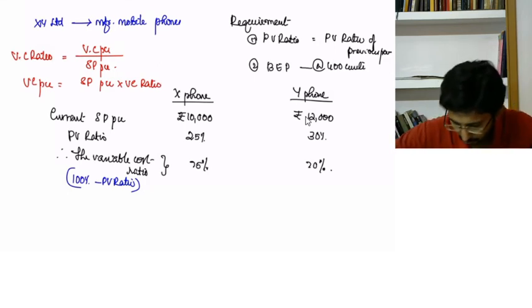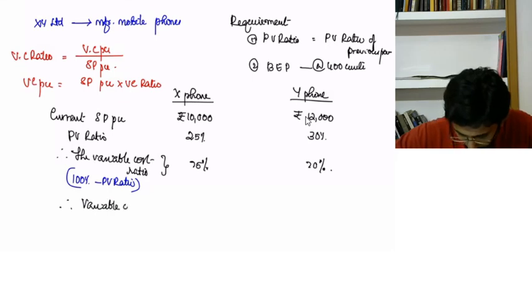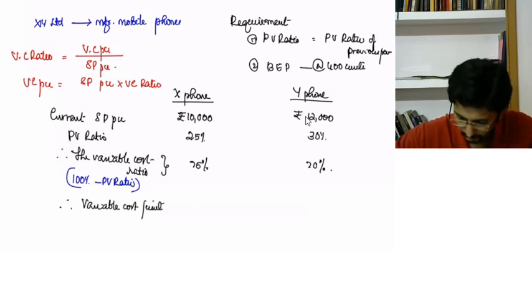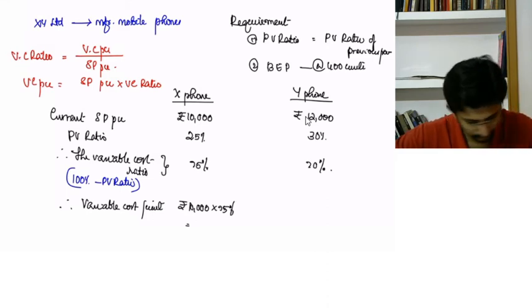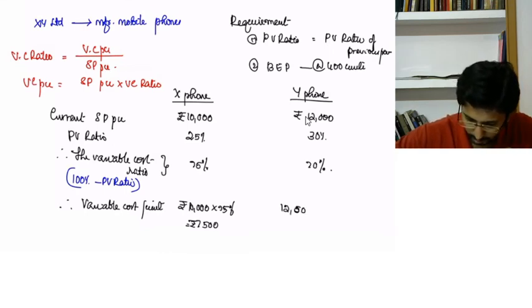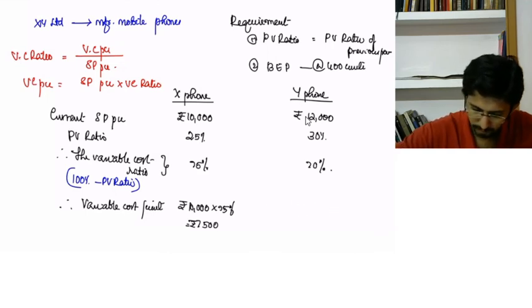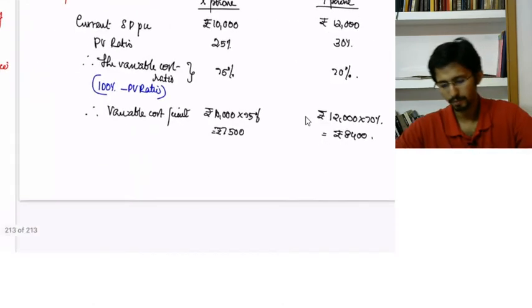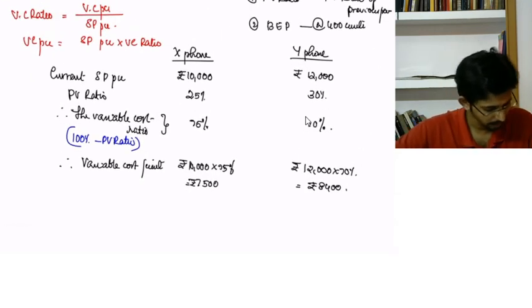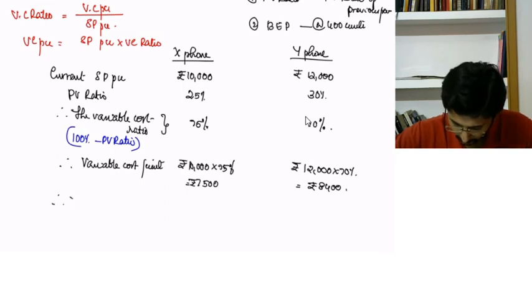Therefore, variable cost per unit is equal to 10,000 into 75%, that is equal to 7,500, and here 12,000 into 70%, it is not 75%, that is equal to rupees 8,400.